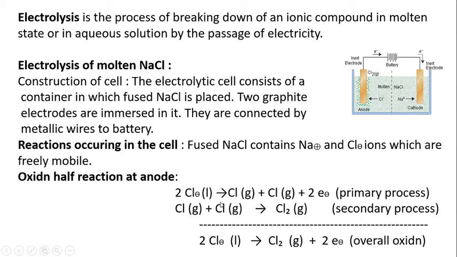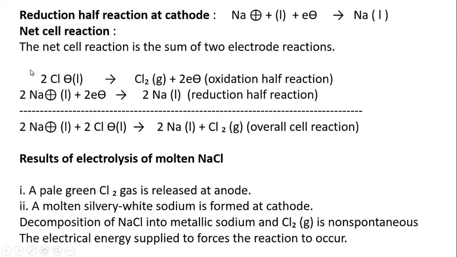So the primary process is the formation of a neutral chlorine atom by loss of electrons, and the secondary process is the formation of chlorine gas at the anode. So in the oxidation, chlorine gas is formed and there is a loss of electrons.